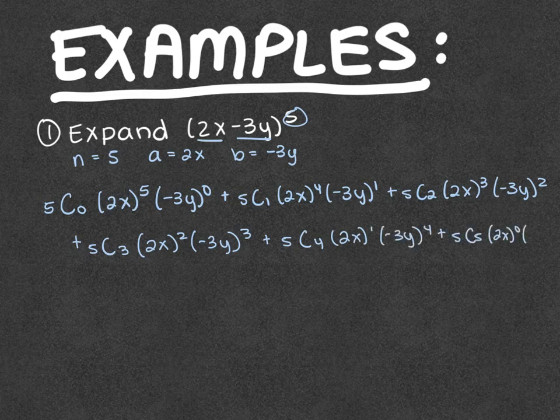So from here, we're just going to plug in everything into our calculators. Just double check your exponents should start at 5 and then decrease on your first term, and then they should start at 0 and increase on your second term.